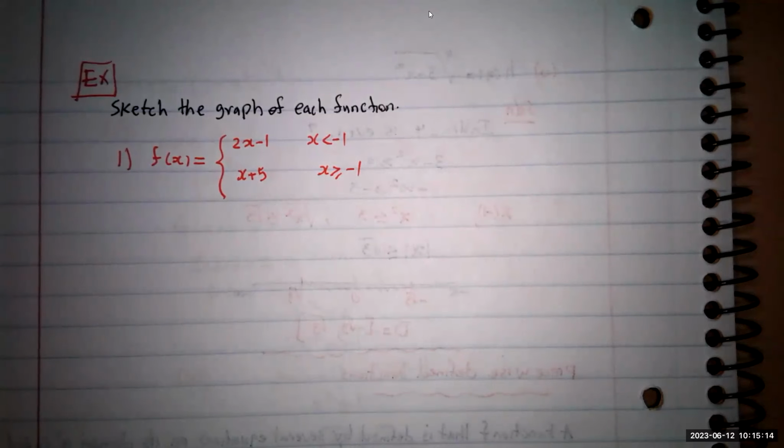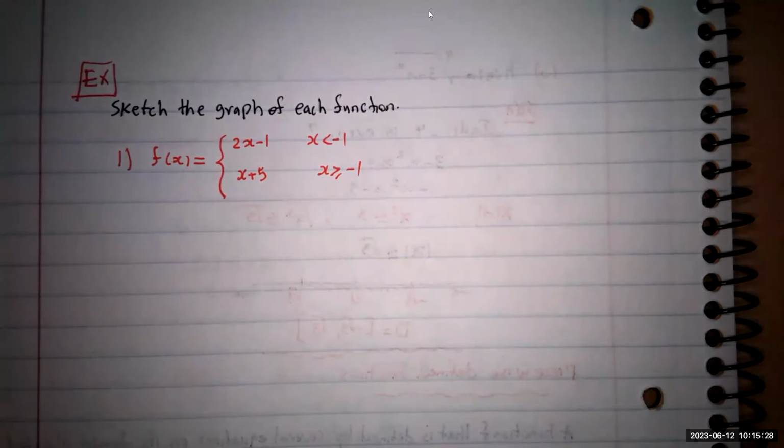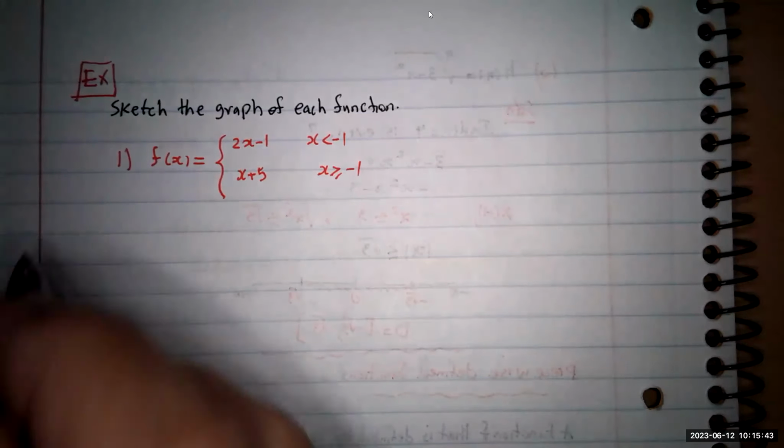You are going to graph the first part and the second part, using only one XY coordinate system. Then you may be able to connect the first and the second together, or you may get two disjoint pieces. Later on, if you connect them together, we say it's continuous. If you cannot connect them, we say discontinuous, in the future but not now. Now, let's see how we're going to do it.